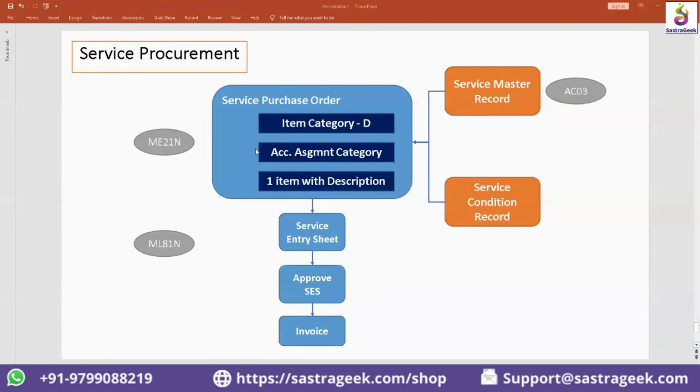Now forget about service procurement. You guys tell me, till now whatever we have learned of different processes, when have we used account assignment category and what was the purpose of it? Anyone?